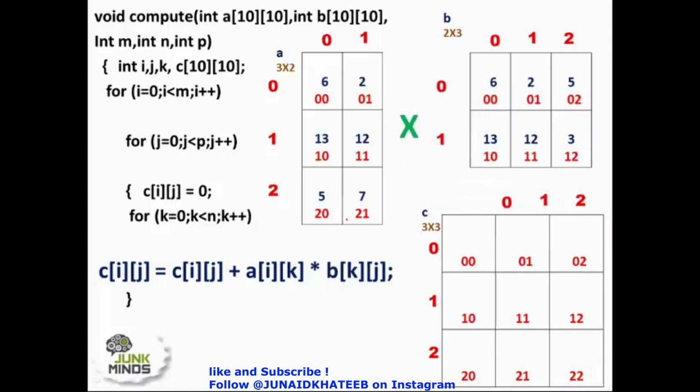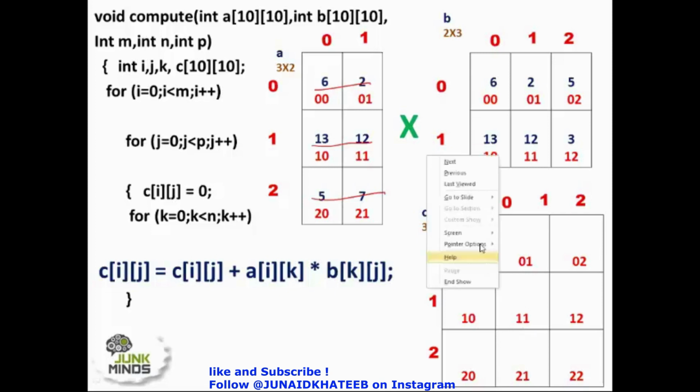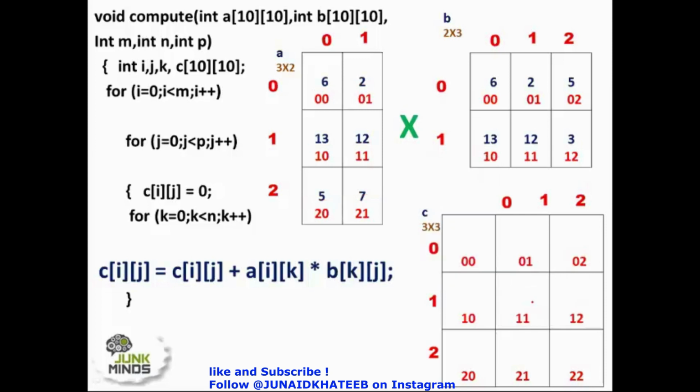Okay. Now, for implementing matrix multiplication, I'm going to use 3 for loops. Why am I going to use 3 for loops? Understand. I want to multiply the rows of the first matrix with the columns of the second matrix. So I want someone to first give me this row, then someone to give me this row, then someone to give me this row. So I want someone to give me the rows of the first matrix, and that is what my first for loop will do. Understand my purpose of using 3 for loops. My first for loop will give me the rows of the first matrix.